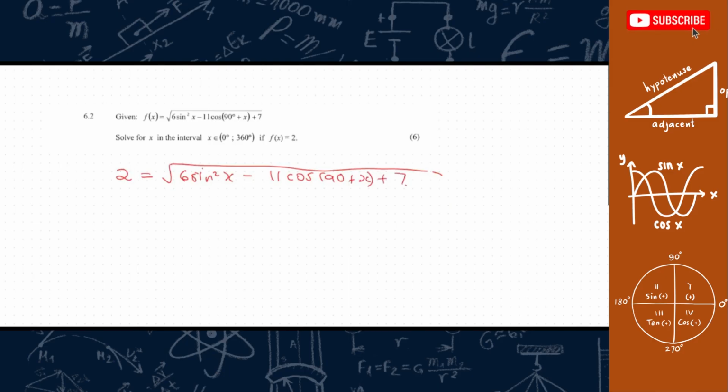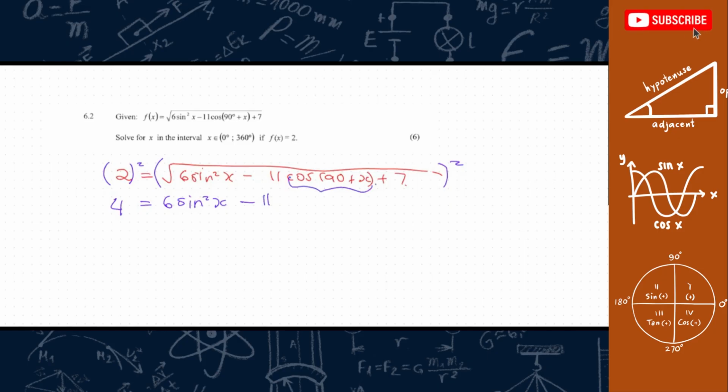Then we're going to square both sides. We get 4 is equal to 6 sine squared x minus 11. Now, before we move on to cos, you can see that that is a co-function. And the co-functions, again, these are reductions that you should learn.